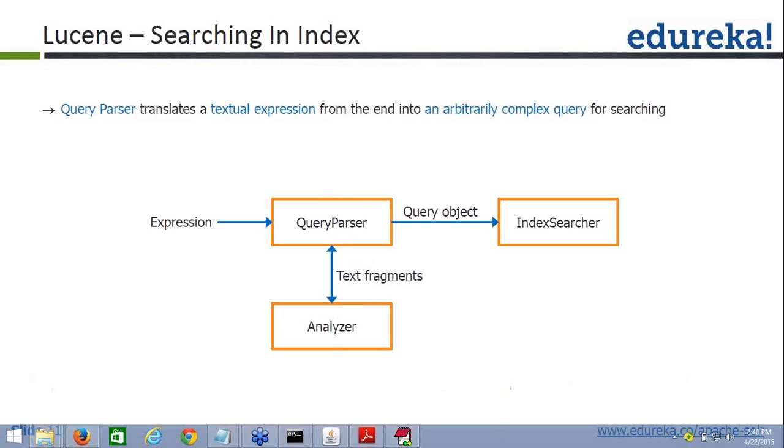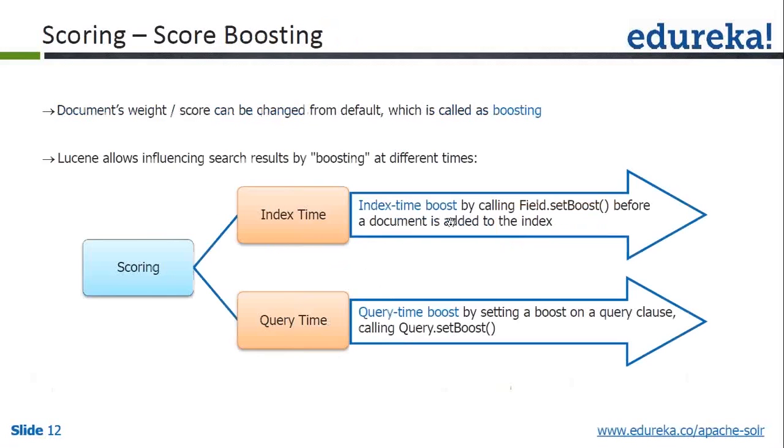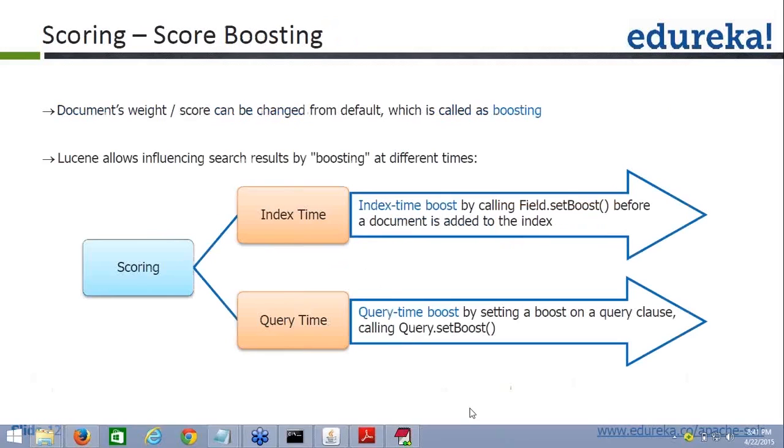Then it creates the query object from this and pushes it through the index searcher, which pushes the query object to the index directory and fetches the results as required. Is that clear, guys?